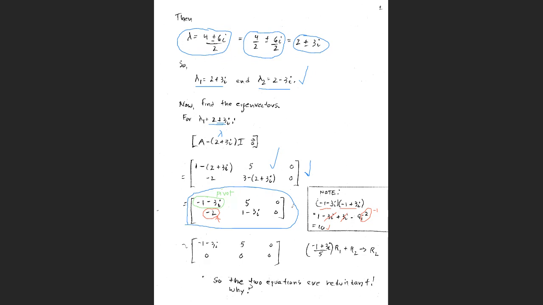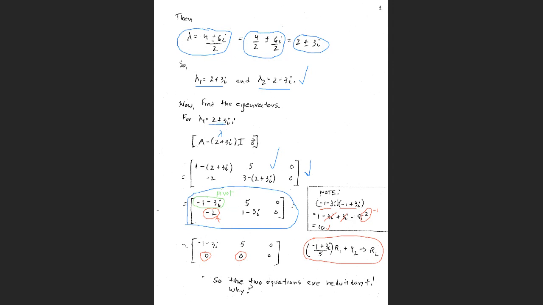Because here, the next step, I'm saying, if we multiply the first row by -1 plus 3i over 5 and add the result to the second row and replace the second row with that result, that will get me the 0 where I wanted it. But incidentally, it's also going to get me a 0 in the second spot as well.